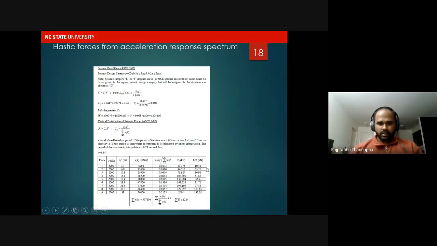So we have these respective forces at the floor levels, and the highest being at the top. And as you see, this would result in a triangular variation of forces applied laterally onto the building.